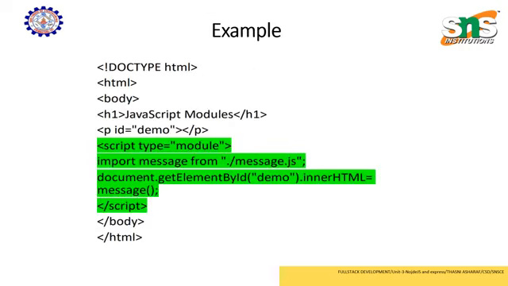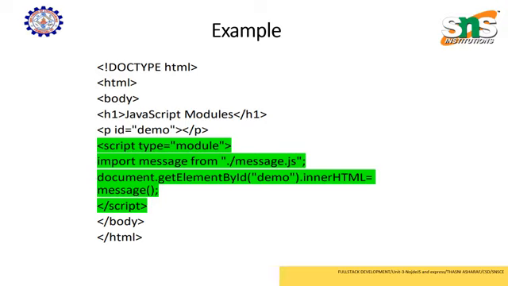Here, the script tag will be of type module, and my import message from ./message.js, which is a JavaScript file. Then document.getElementById, we call it demo, and set its innerHTML to message.